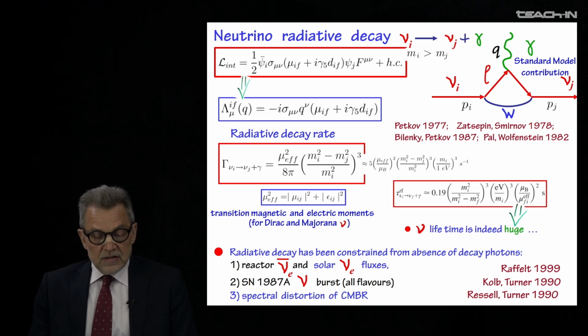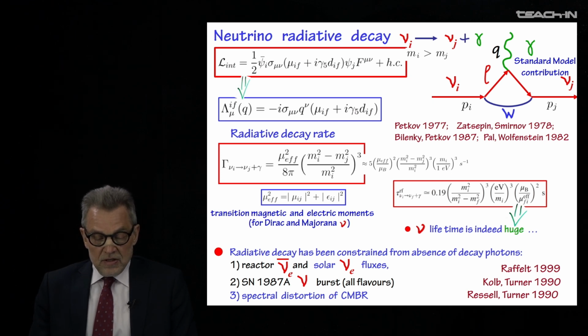In this next formula in blue, this is the effective contribution to the vertex function, and I should say a quite regular, simple calculation gives the rate of this process that depends on the effective magnetic moment of neutrino squared, that is, the squared magnetic moment plus the squared dipole electric moments.